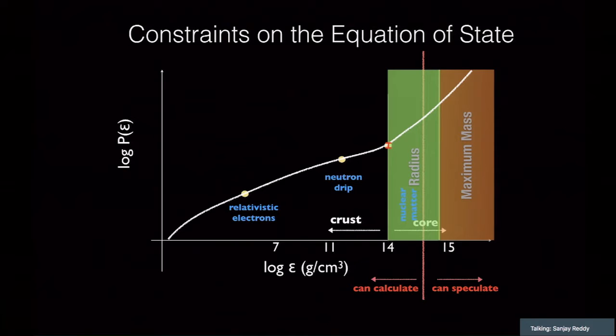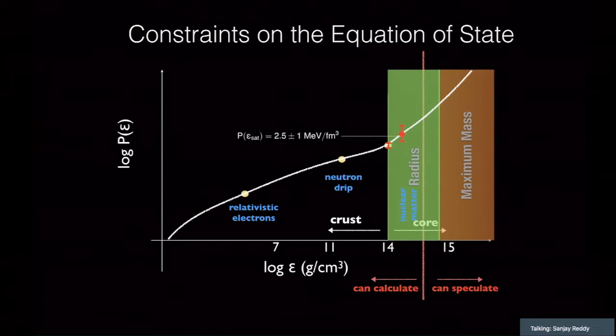red curve, which separates the region where we can do reliable calculations from the region where we don't have tools to calculate the equation of state very accurately. So there are lots of speculations on what can exist. For the first part of this lecture, let's ignore these speculations and just see whether or not we can learn something about neutron stars by just using calculations in the lower density region shown to the left of this red curve.